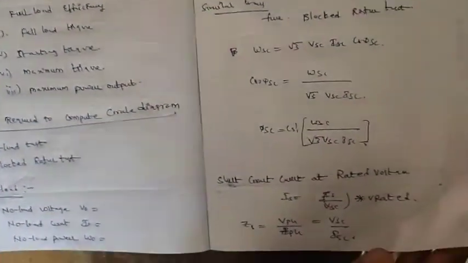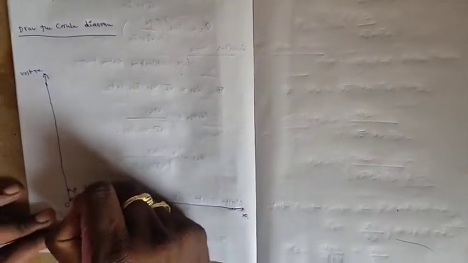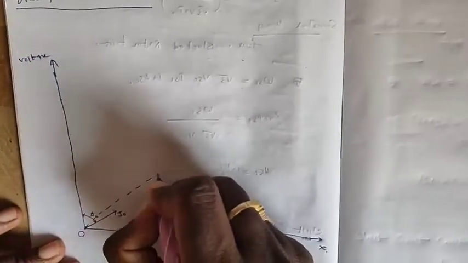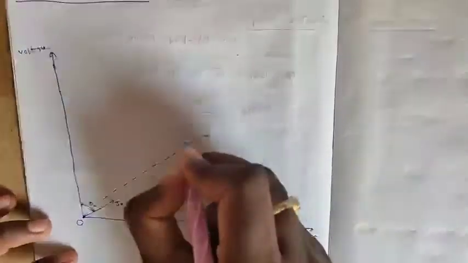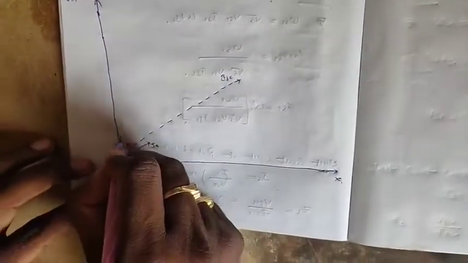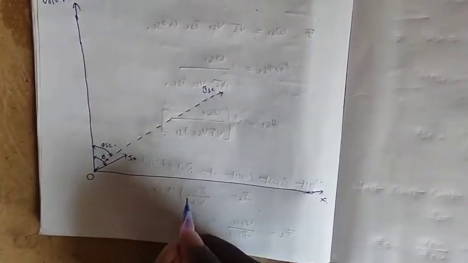This one is ISN with an angle of phi SN.